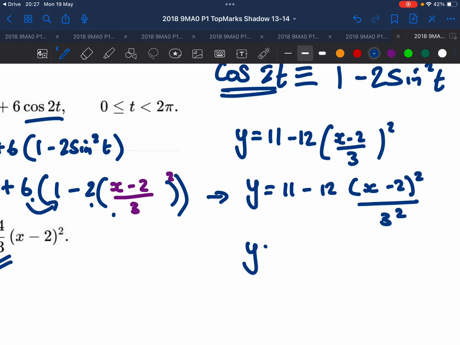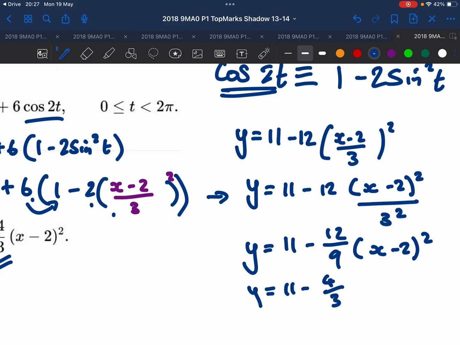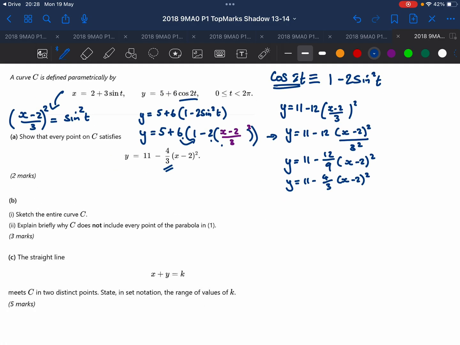So y equals 11 minus, you could write 12 over 9, and then you could write the result, I suppose: 11 minus 4 over 3, x minus 2 squared. I'm writing that extra y at the end because it's to show that result. So there we go.